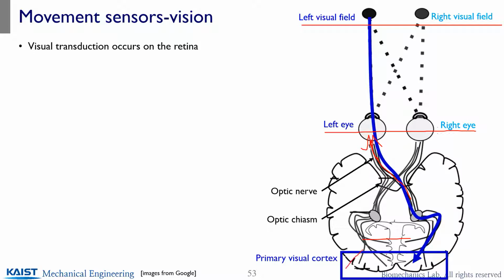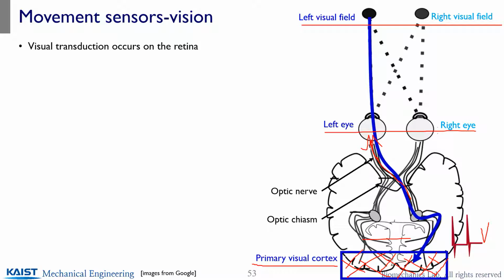The very end is the part that interprets those pulses in terms of human motion for the visual information. It's called the primary visual cortex. So again, the output reaching the cortex is the electrical pulse.